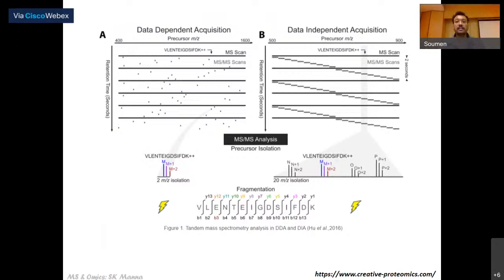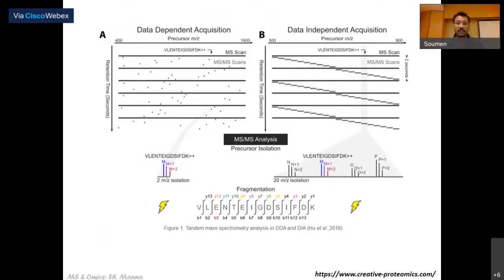On the other hand, data independent acquisition is where you define the retention time, and the chromatogram is fragmented into retention time windows, let's say 2 seconds in this example. Within each of these 2 seconds, you find all the masses that may be present. You can define a mass range, let's say 400 to 1500 or something like that.